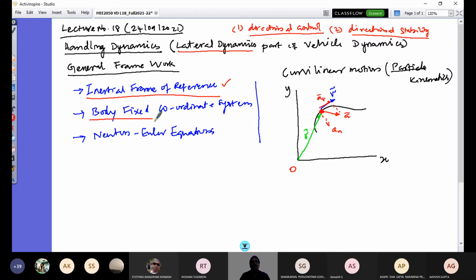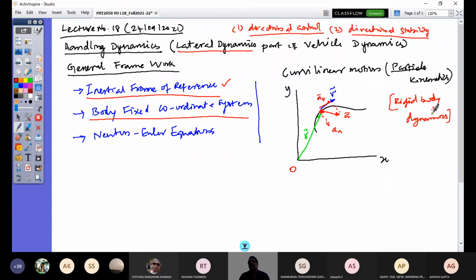And what is this body fixed coordinate system? The body fixed coordinate system is very much important. The moment I come out of particle kinematics and come to rigid body dynamics, particularly the kinematics part, without considering the cause of the motion, I require the vehicle geometry, and I have to consider the third axis also.